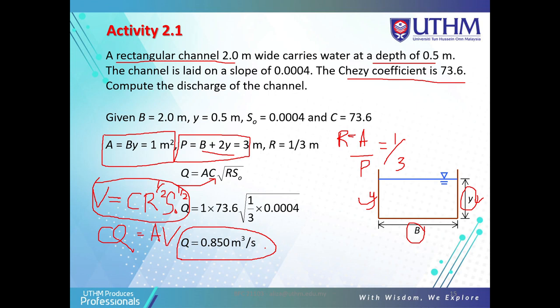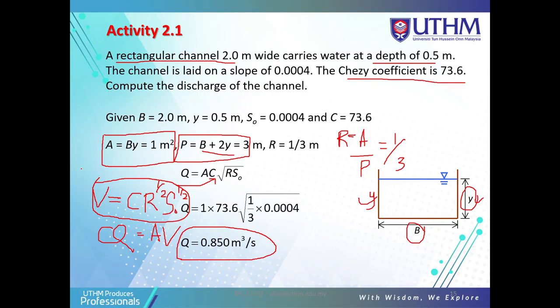Okay, so actually, we learned in topic 1 the basic equations that we use to get the area, to get the P, to get the R. So in this topic 2, we use the same equations from topic 1 to determine the value of velocity and also the Q. So you must understand topic 1 and also topic 2 because we use the equations in chapter 1 for chapter 2.